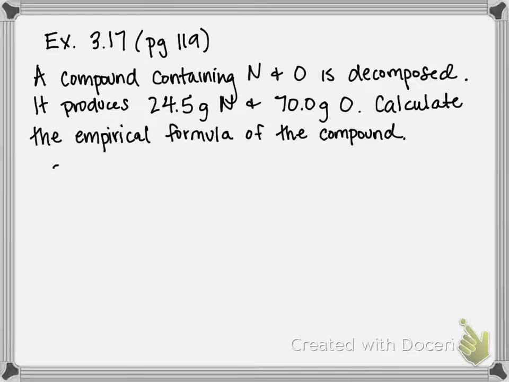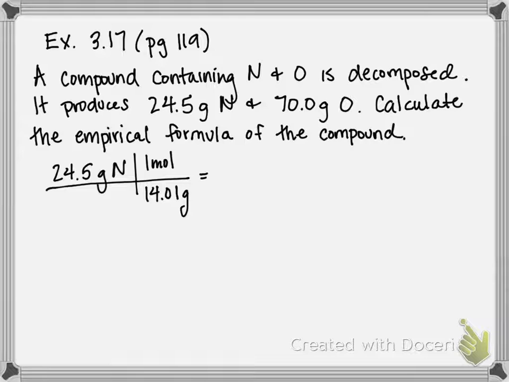So nitrogen, 24.5 grams. If we divide that by its molar mass, which is 14.01 grams per 1 mole. And then for oxygen, it's going to be 70 grams oxygen divided by 16.00 grams per mole.